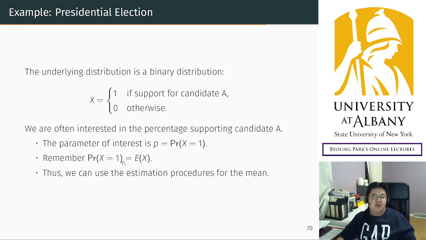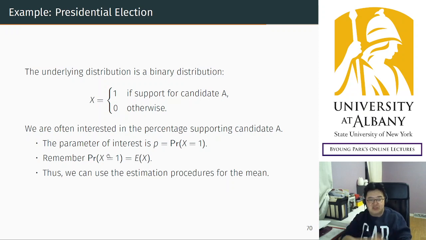At that time, I told you the mean doesn't mean anything in a binary distribution, and probability is a more natural interpretation. However, it is nice to know this relationship because all the methods that can be applied to the mean are now applicable to the probability. Because the probability is the mean, you may use interval estimation theory for the mean for the estimation of probability.